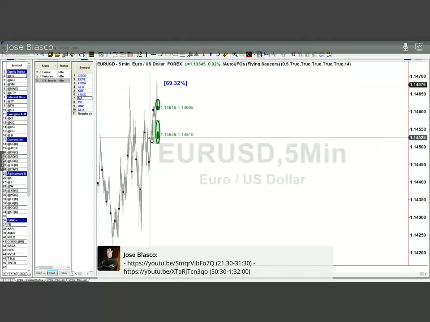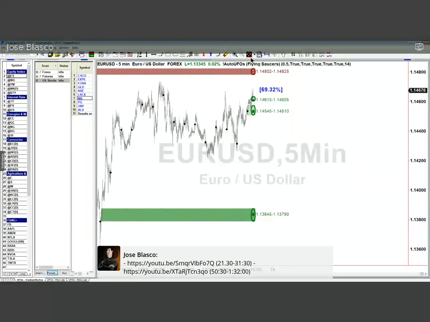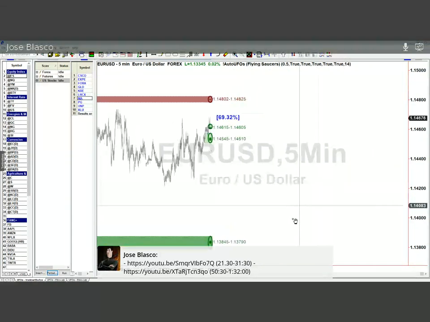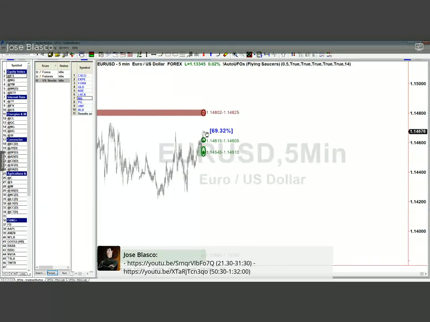So what the number represents, what the number measures, is how often, when the market comes to the red, it turns and drops all the way until it hits the rival green UFO.